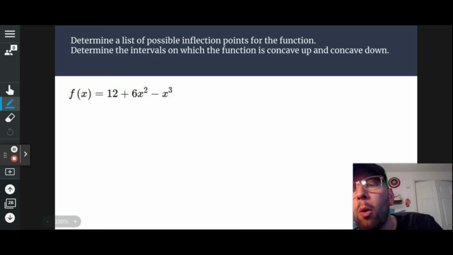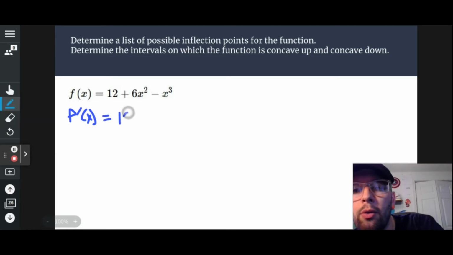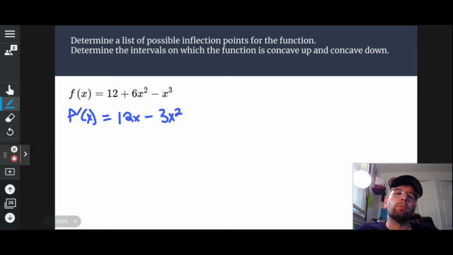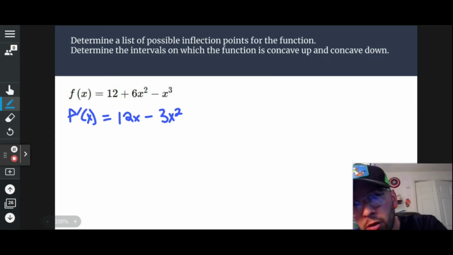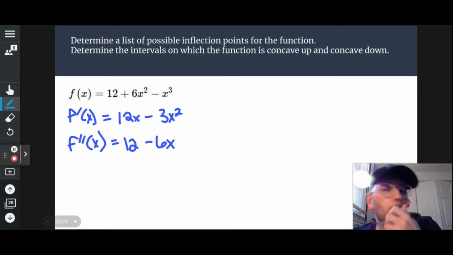So derivative number 1 is going to be 0 plus 12x minus 3x squared. Derivative number 2 is going to be 12 minus 6x.